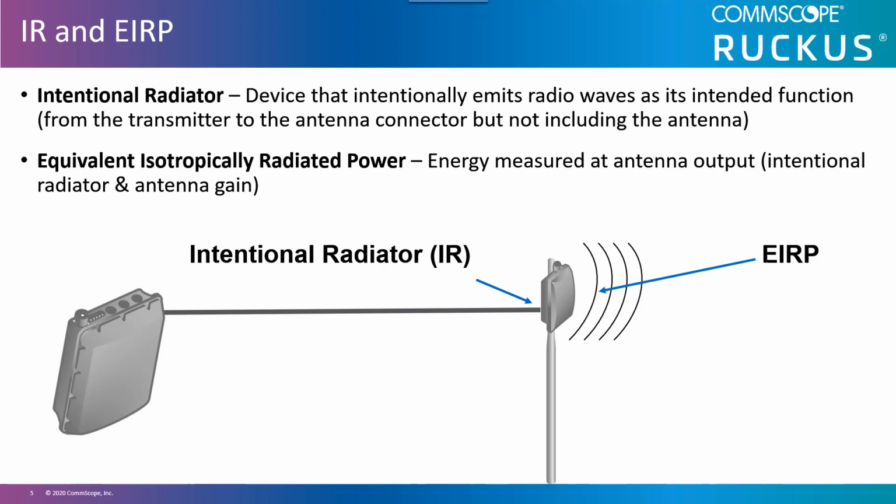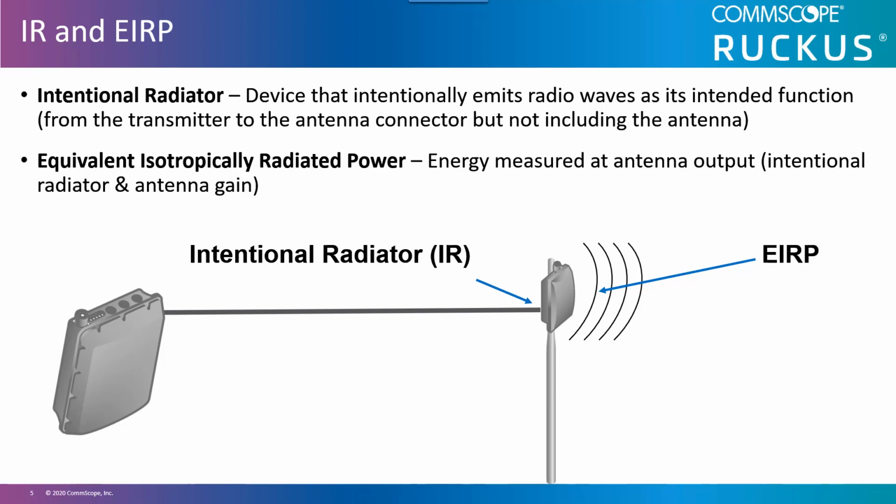It is the theoretical power that is delivered by an intentional radiator to an imaginary isotropic antenna that would produce an even distribution of RF power with the same amplitude actually experienced in the preferred direction of the antenna. All of that really means the power placed into the air measured at the tip of the antenna.